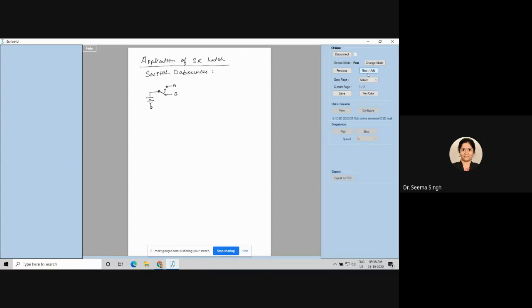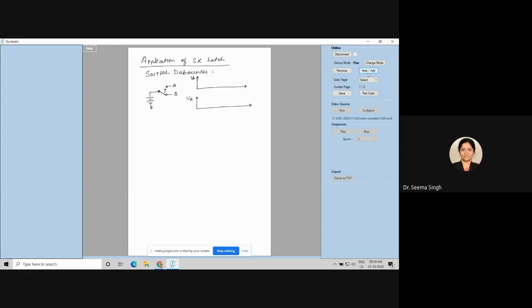So what happens? Whichever side your switch is connected, either A or B, the voltage V will be seen at that side. Now I will show you the diagram or waveform of this VA. So initially, as this diagram shows, your switch is towards B, right?